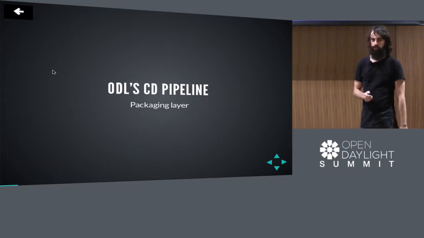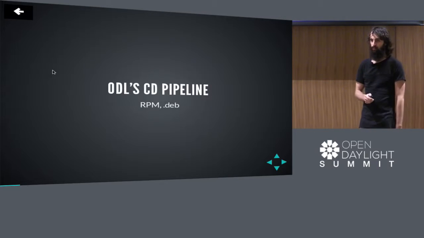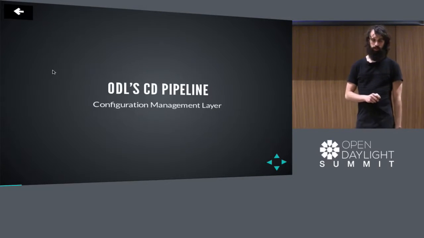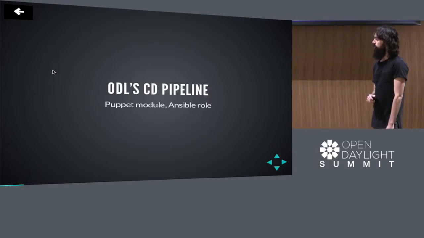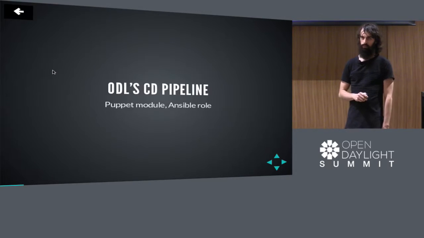So the first layer is the packaging layer, and we'll talk about all these in more detail. At the packaging layer, we have things like the RPM and the deb package from OpenDaylight. Second layer is config management layer, so that consumes the packaging layer and builds on that. At the config management layer, we have options like an OpenDaylight Puppet module and Ansible role.